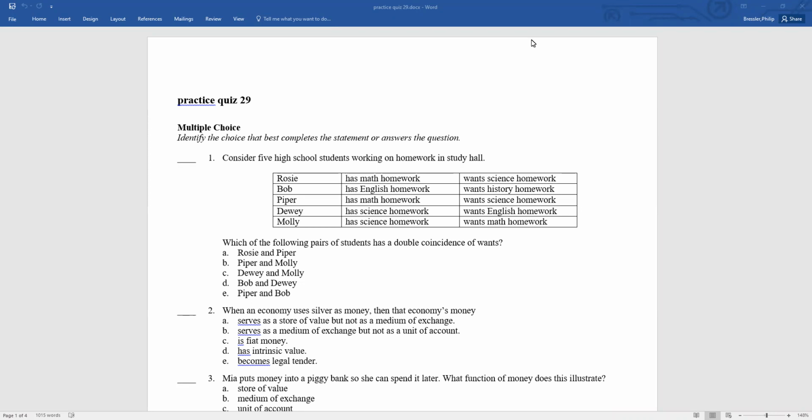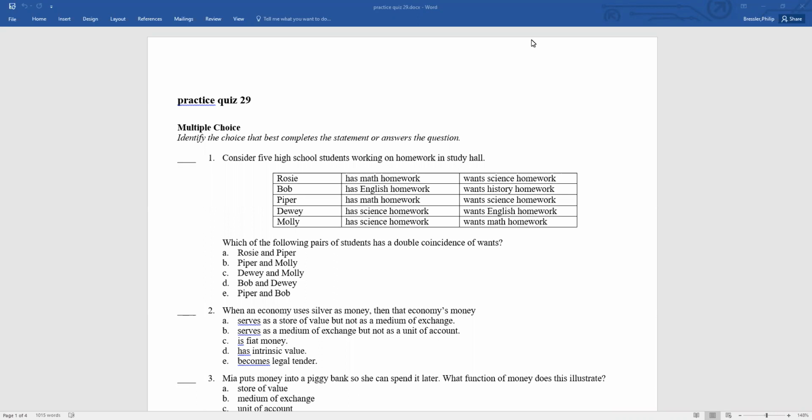Number two, when an economy uses silver as money, silver has intrinsic value. They could call it commodity money, and they could use silver, gold, or cigarettes. All that means is that if you weren't using it as money, it would have some other value.